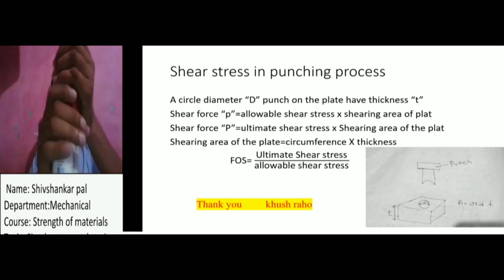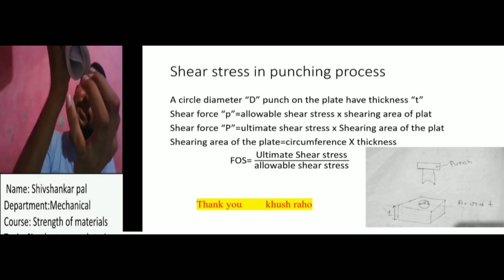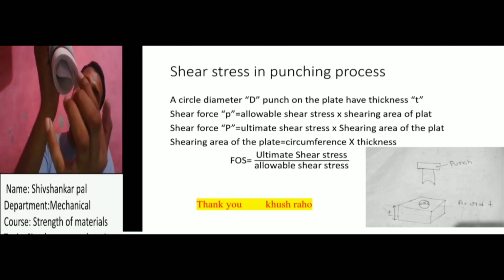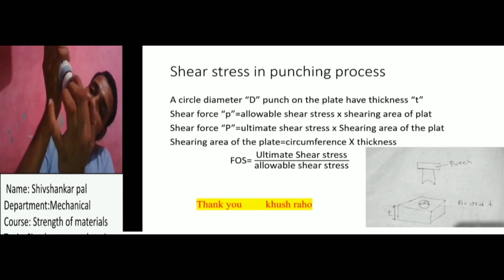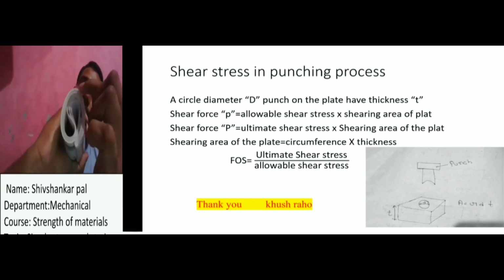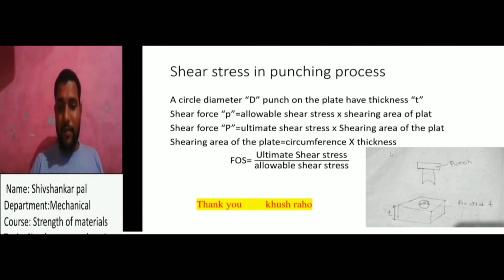This surface area is involved in punching the plate, so only this area is considered. The circumference is pi into d, and circumference into thickness, that means the contact area, pi into d into t, is the shearing area of the plate.